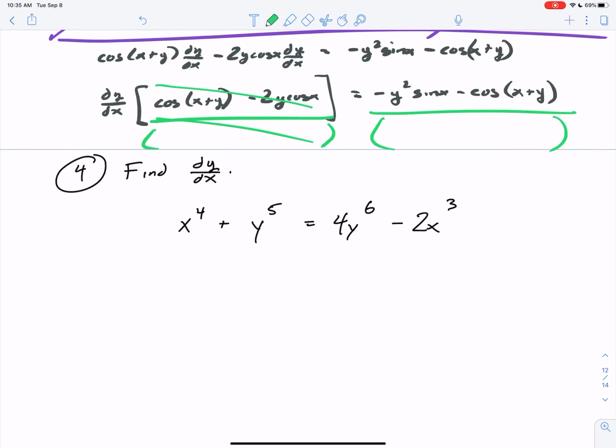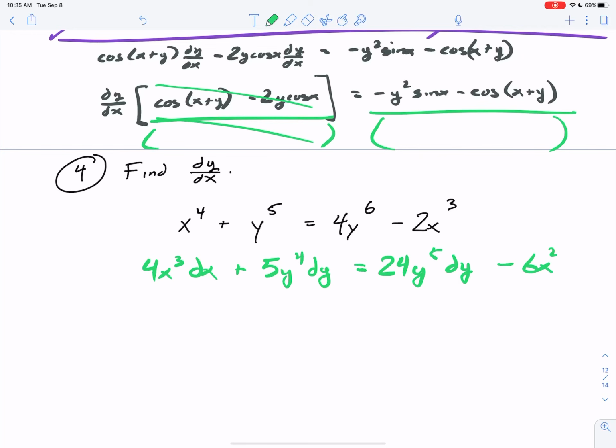Okay, go ahead and take the differential there, and then I'm going to show you some shortcuts. So here we have 4x cubed dx plus 5y to the fourth dy equals 24y to the fifth dy minus 6x squared dx.